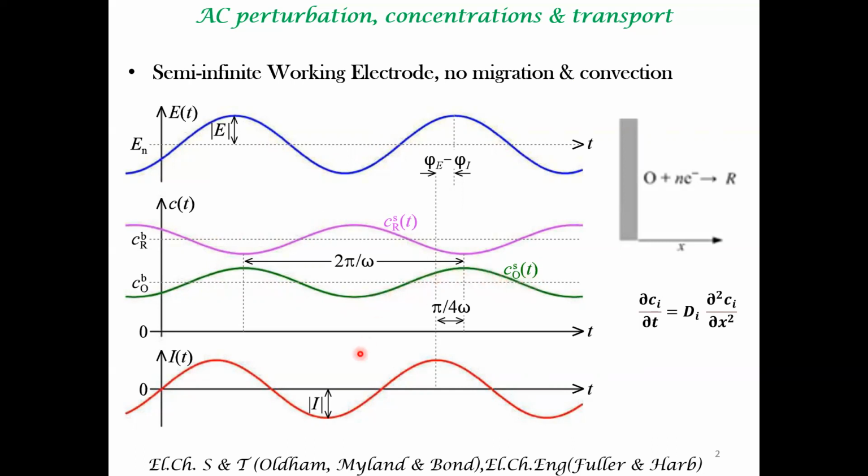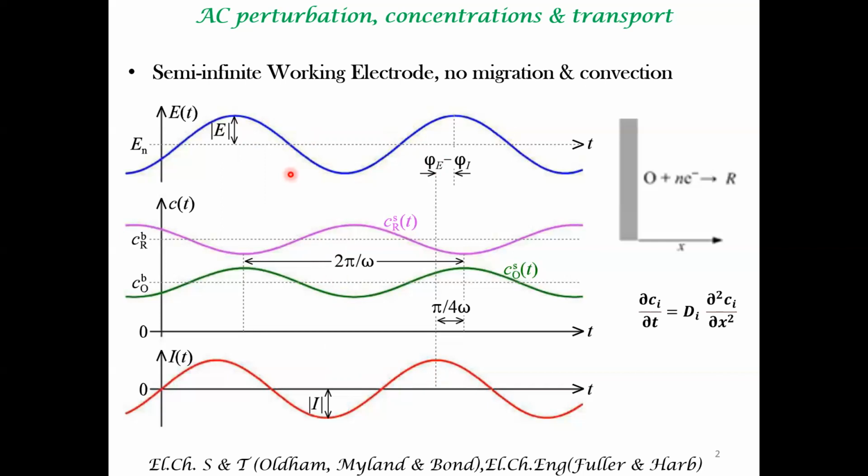And again, the current also shows a periodic variation. But what is to be noted is that this time period is the same, but they're all phase shifted. All these variations are phase shifted with respect to the imposed AC signal.